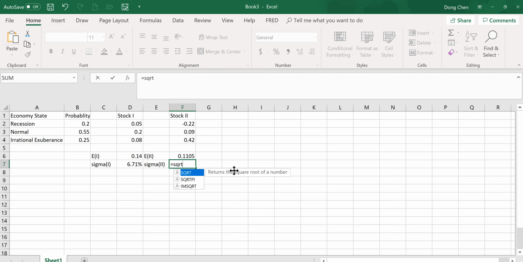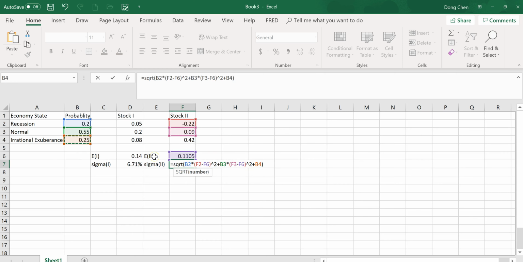It's a big square root function, and we take the probability times the squared deviation, the return under recession minus the expected return, squared, plus the probability under normal times the squared deviation, the return under normal minus the expected return, squared, and the probability of the third state times the squared deviation, the return under the third state minus the expected return for the second stock, squared.